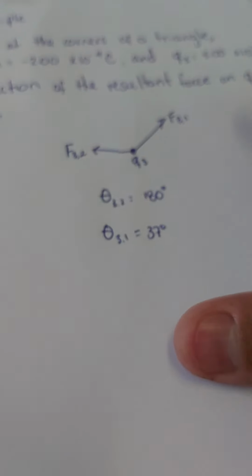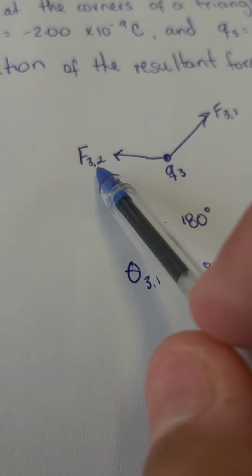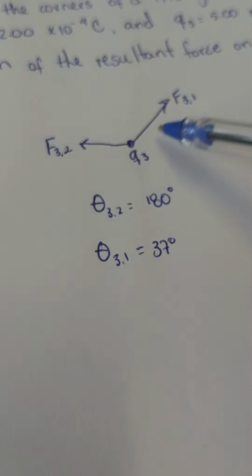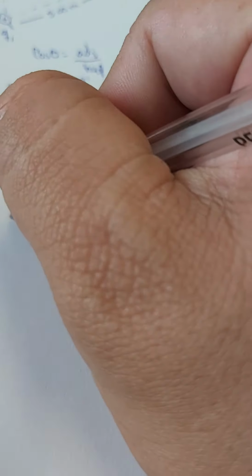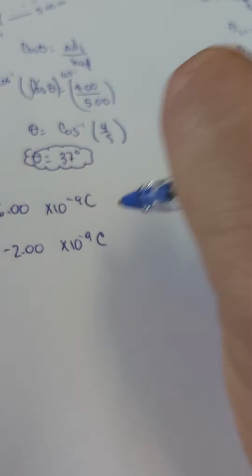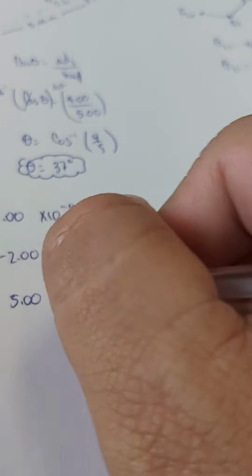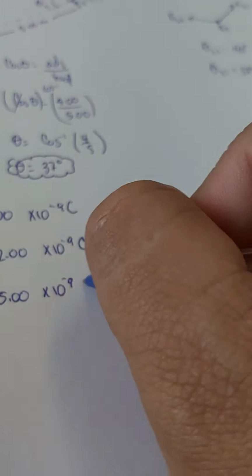Now, knowing this, we have to find the electric force between charges 3 and 2 and the electric force between charges 3 and 1. The given information was charge 1 equals 6.00 times 10 to the negative 9 coulomb, charge 2 equals negative 2.00 times 10 to the negative 9 coulomb, charge 3 equals 5.00 times 10 to the negative 9 coulomb.